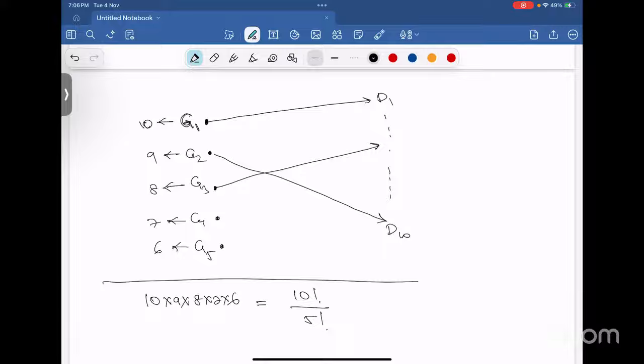Correct? Yes, this is 10P5 only. So it became 10P5, and it's a permutation because all these gifts are unique.